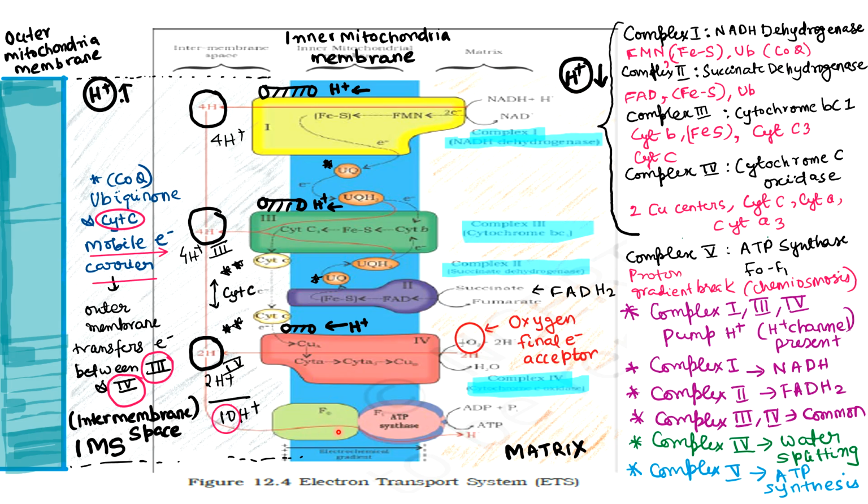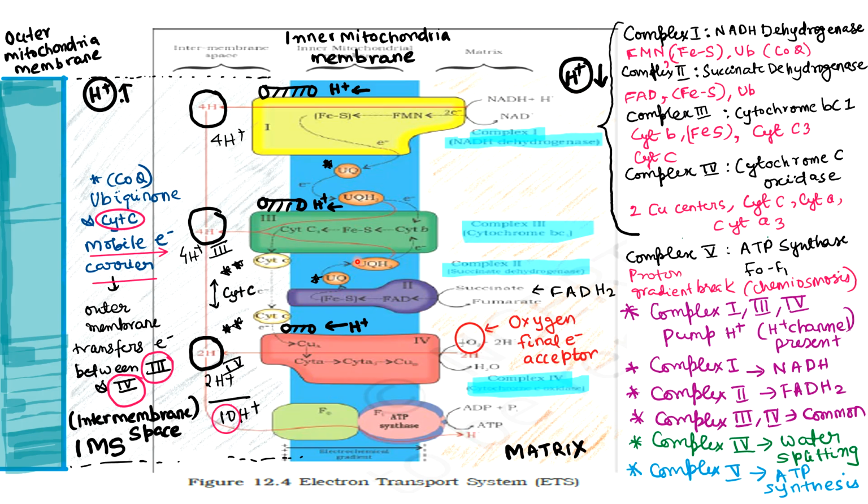F0 is an integral protein and acts as a transmembrane channel, and F1 is the ATP synthase unit. So F0 acts as a rotor and leads to the formation of ATP through the headpiece from ADP. So ATP is being released, which is our ultimate motive in complex 5 of the ETS. Okay, I hope you are clear about this concept.